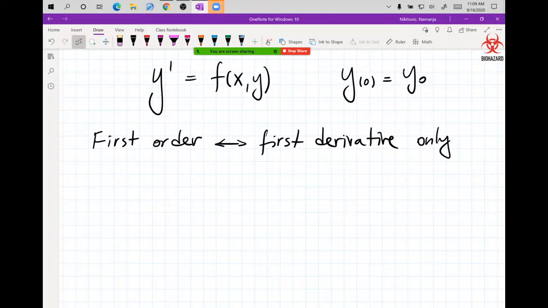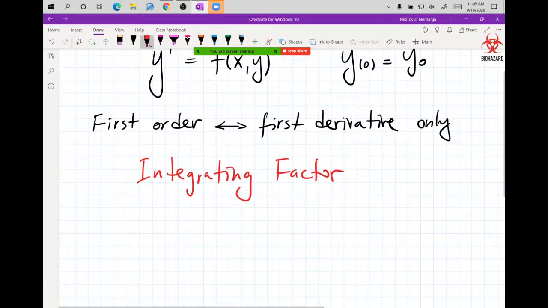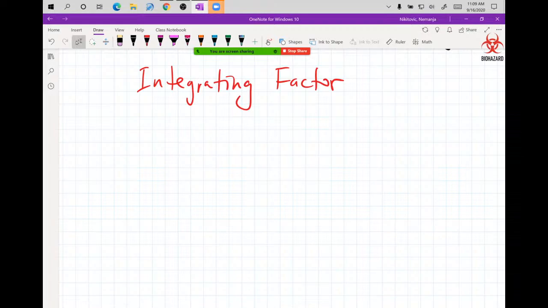So I'm going to say here the subtitle integrating factor, and you guys are going to label this as the method to solve first order differential equation. So you have separation of variables so far, and now you're adding integrating factor to the mix.